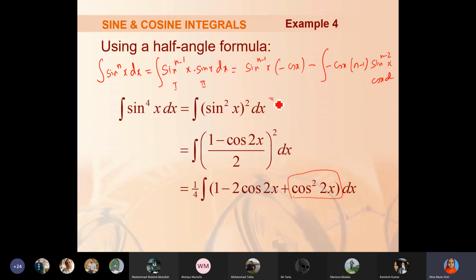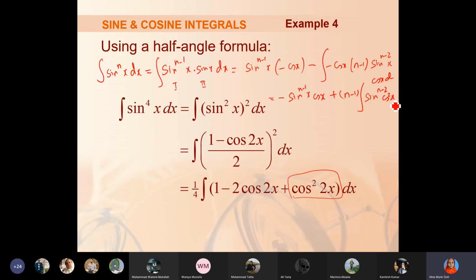Okay, and it becomes minus sine n minus 1x cos x plus n minus 1 integral of sine n minus 2 cos square x dx.